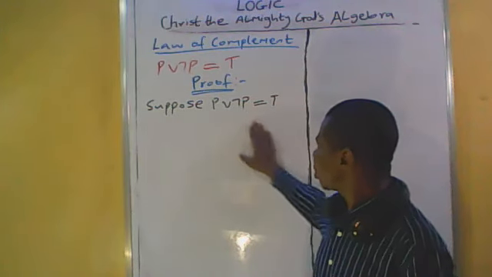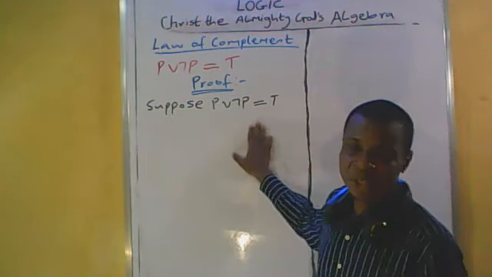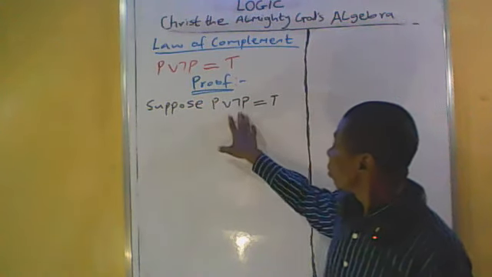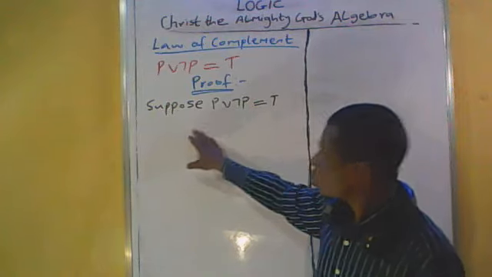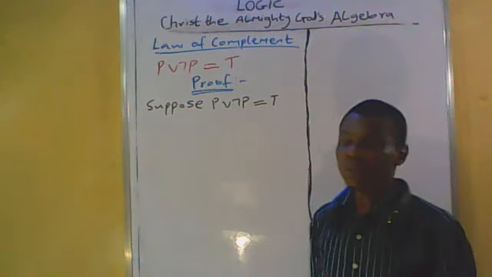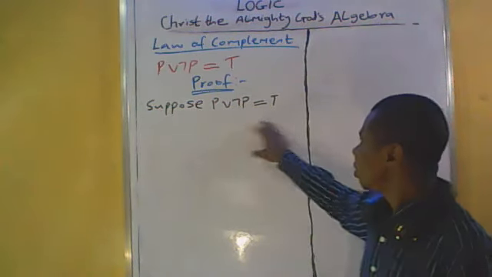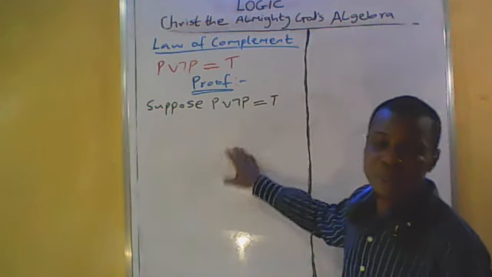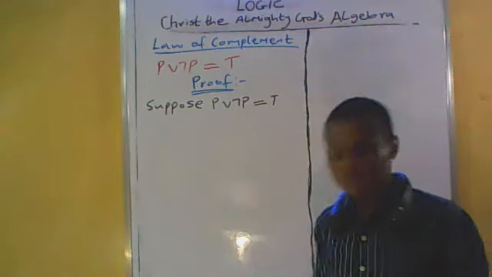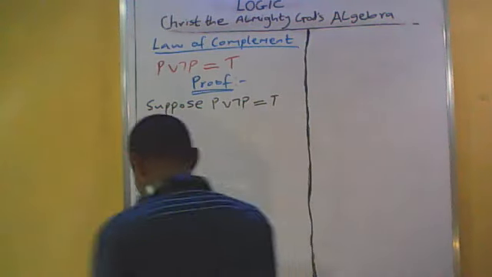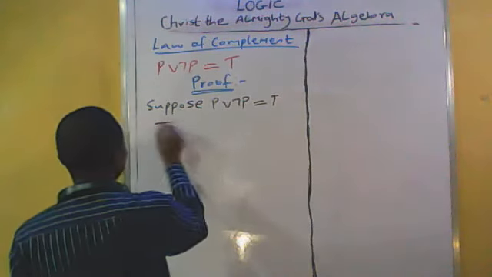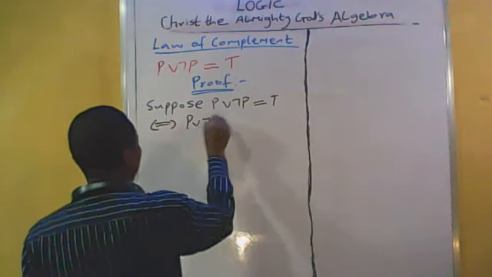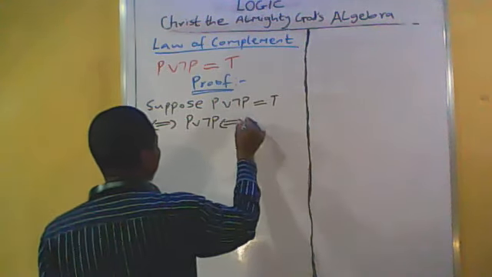Since the equation is logically equivalent, we can transform it to a biconditional statement. That means we can transform this statement, P or not P equal to T, to a biconditional statement: P or not P if and only if T.